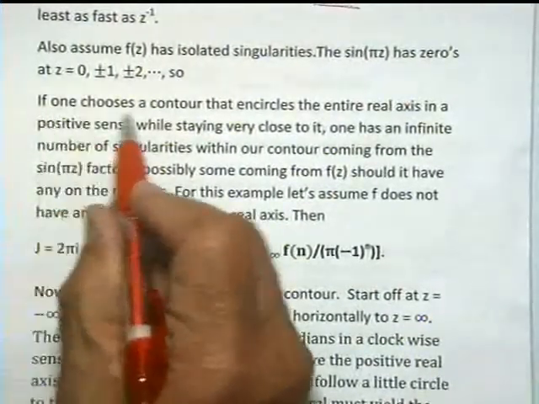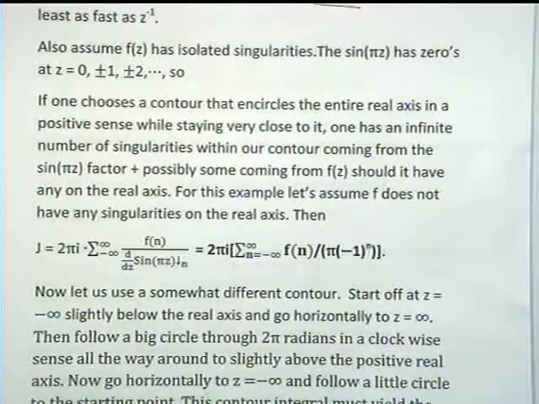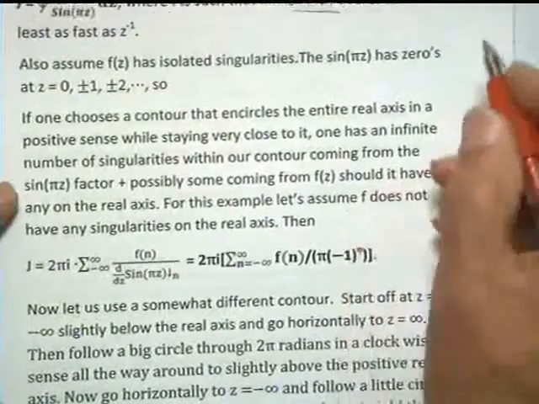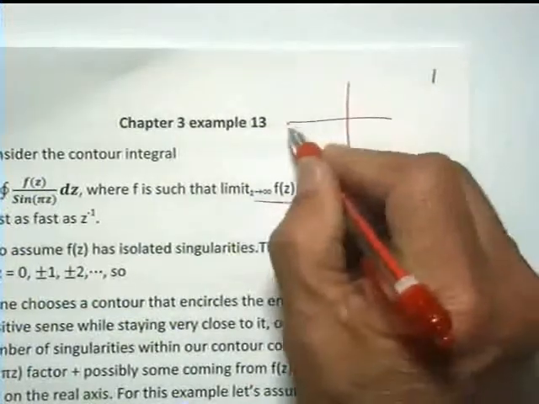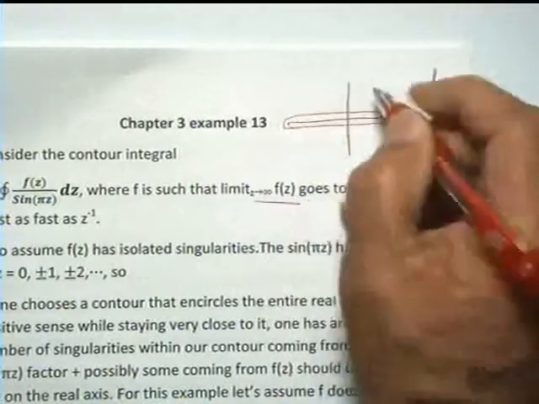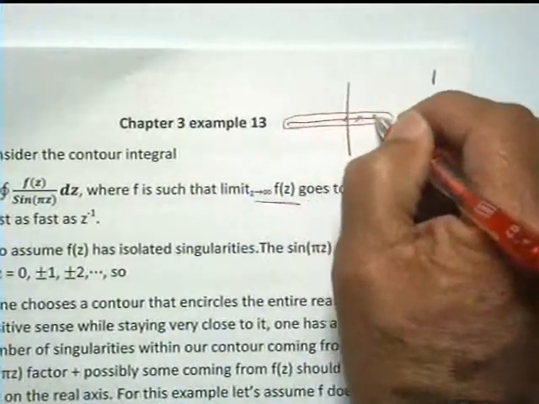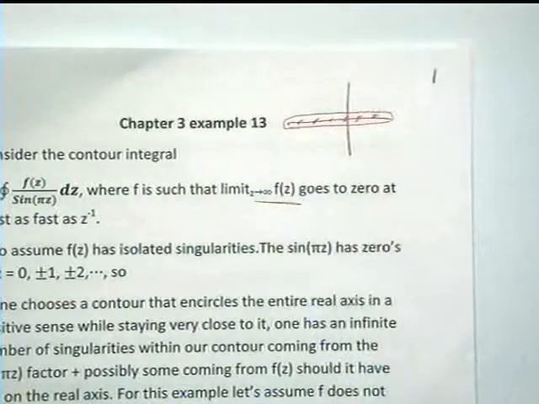We're going to choose a contour that is very skinny and totally circles the real axis. Let me try to draw it. You get all these singular points. So our contour is really skinny and totally encloses the real axis.